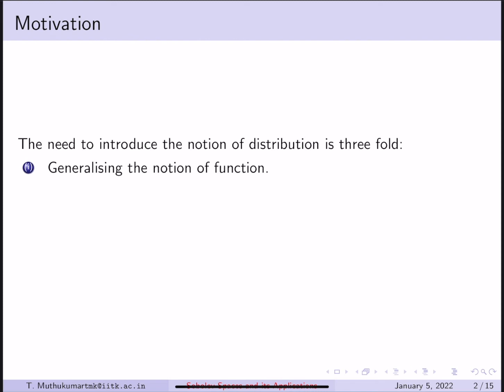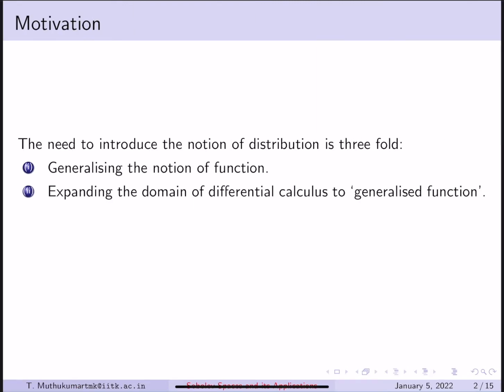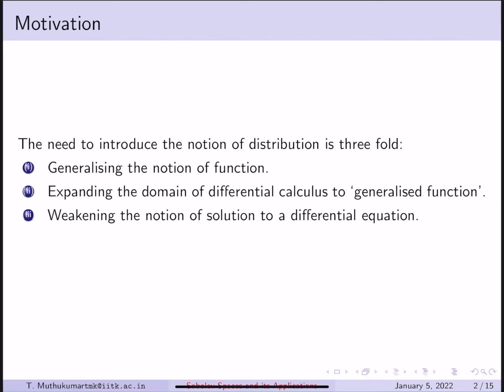We need to generalize the notion of function, and once we generalize it, we have to extend the notion of derivatives and so on to this generalized notion of functions. And then the last reason is that when we study differential equations, we have a notion of solution, where we usually say that the function has to satisfy the differential equation.